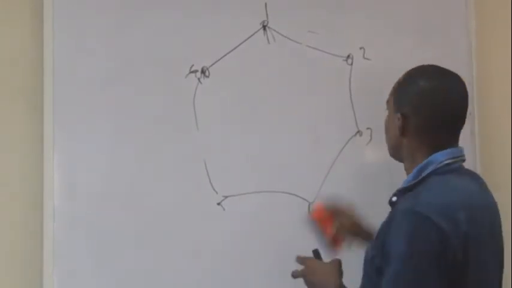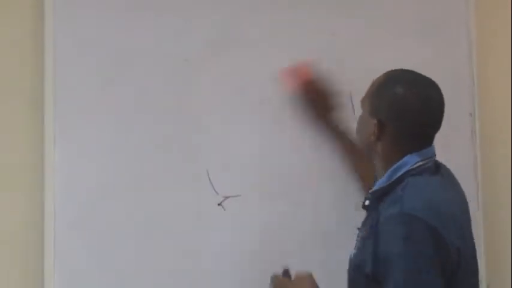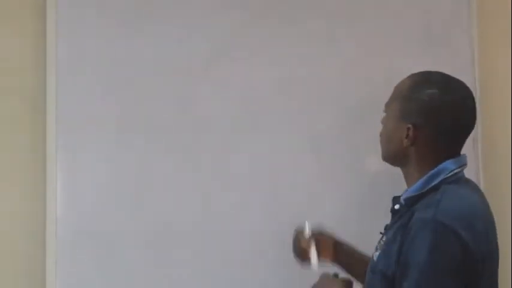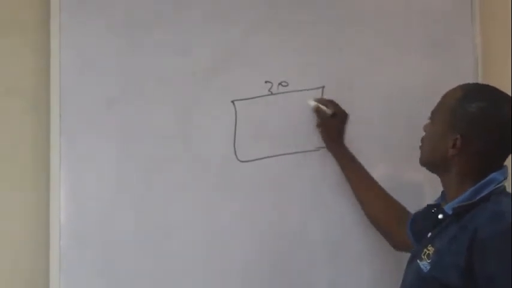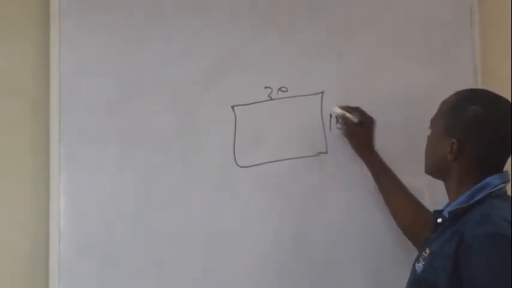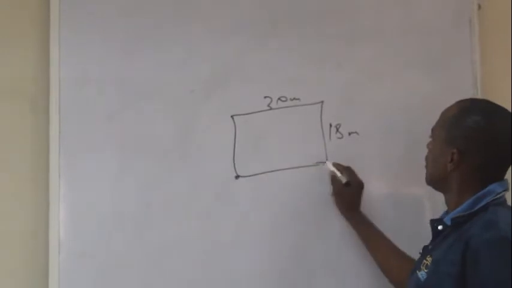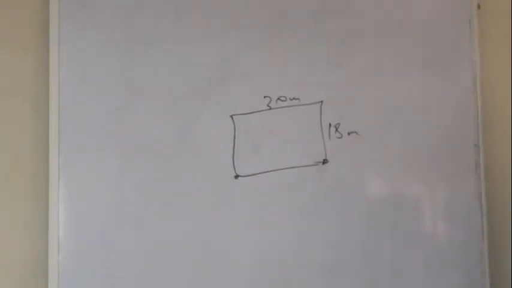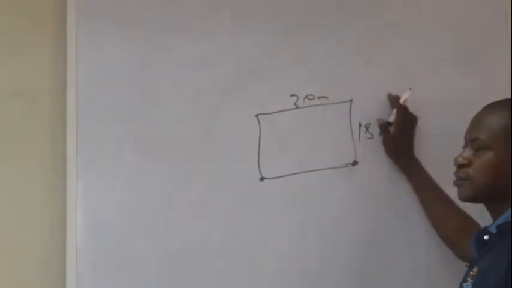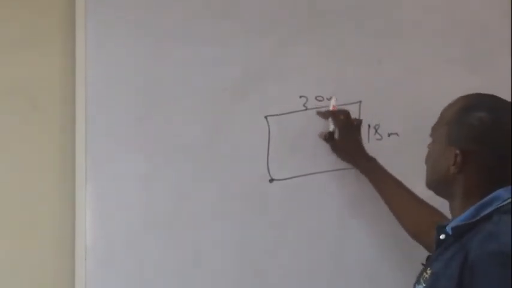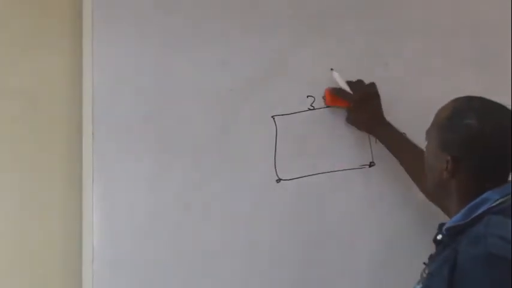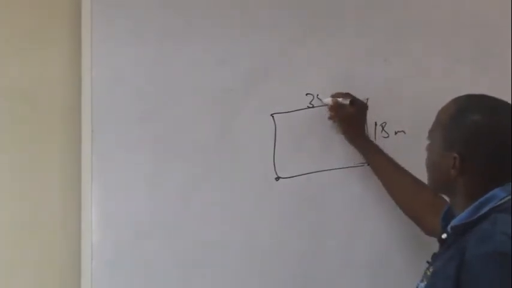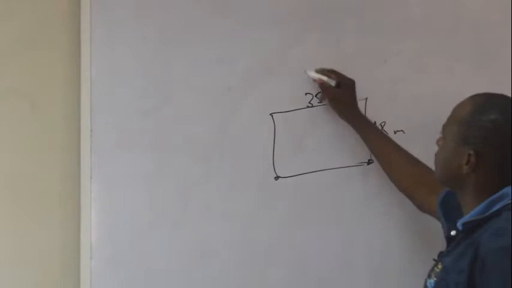So going around, assuming the plot of land is like this, and call it 30 by 18 meters. If the survey is not well carried out and the measurements are not correct, peradventure, the surveyor puts this one as 25 meters, or let's say 35 meters, where in real sense it is 30 meters.